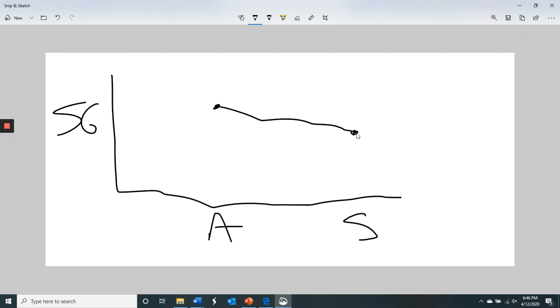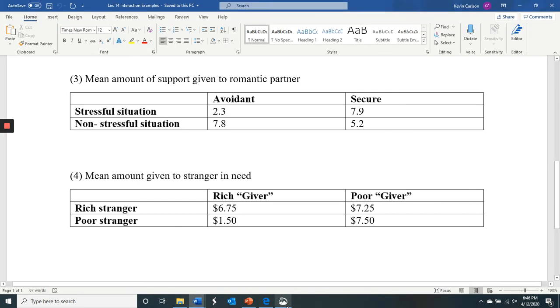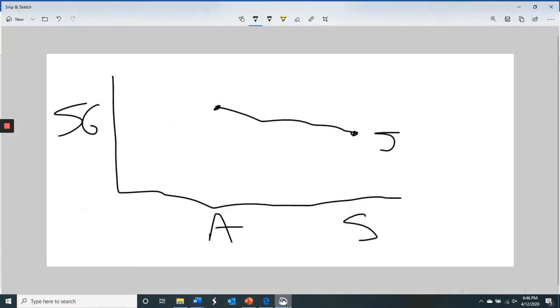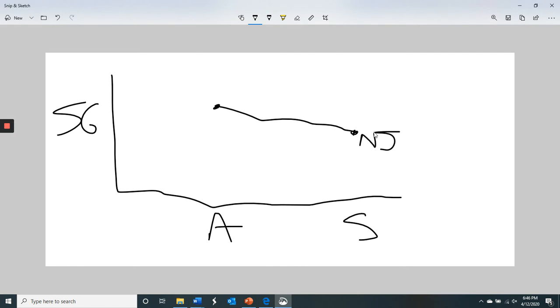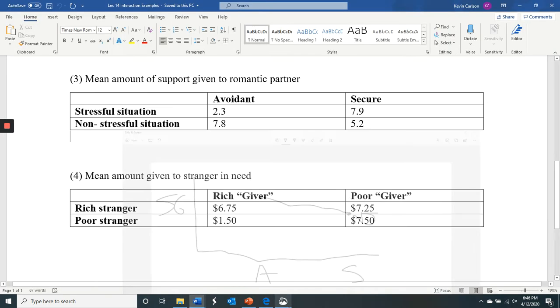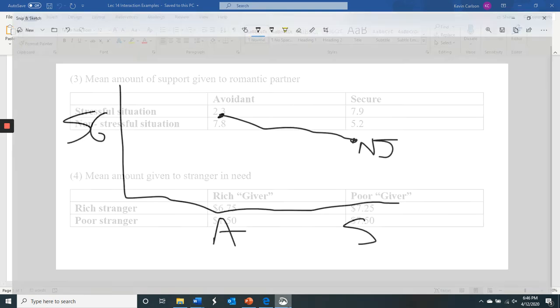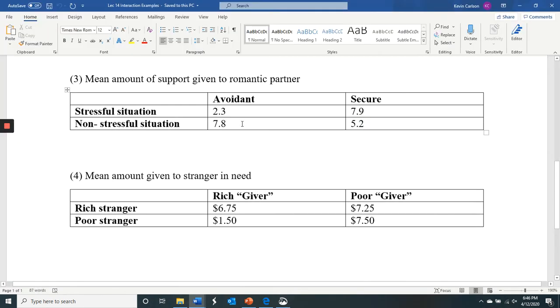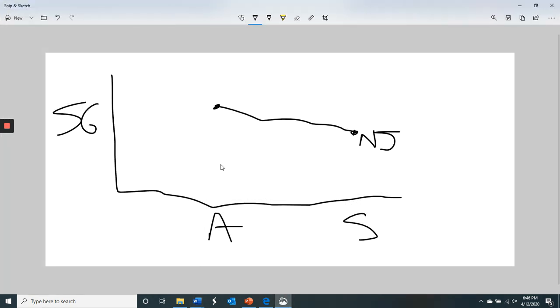Then in the stressful situation, we have 2.3 and 7.9. So 2.3 is around here, and 7.9 is around here. So in the stressful situation, it looks like this.